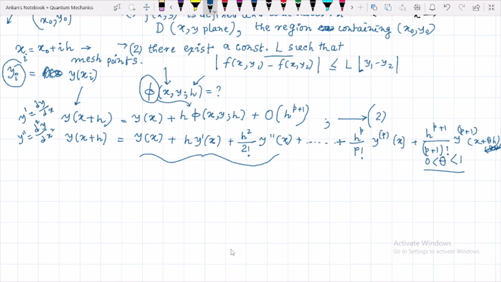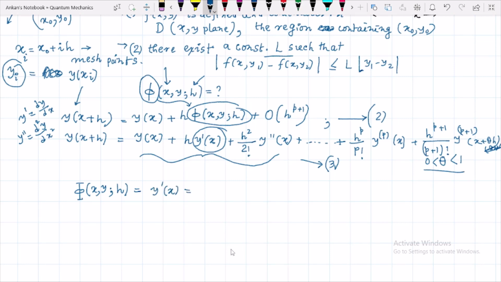So you can compare equation 2 with this new equation number 3, and you can write that phi is nothing but the derivative of y with respect to x. So I can write phi of x, y, h is nothing but y prime x.